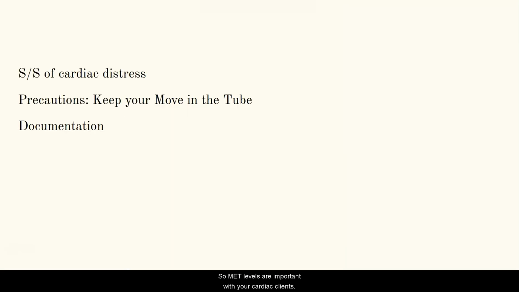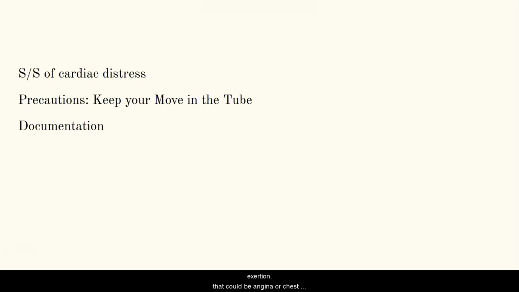So MET levels are important with your cardiac clients. It's important to know what MET level they're at, so you can challenge them, and it is important to challenge them within that MET level. It's important for you to know what the signs and symptoms of cardiac distress are if they've gone beyond that. That could be shortness of breath or dyspnea upon exertion.